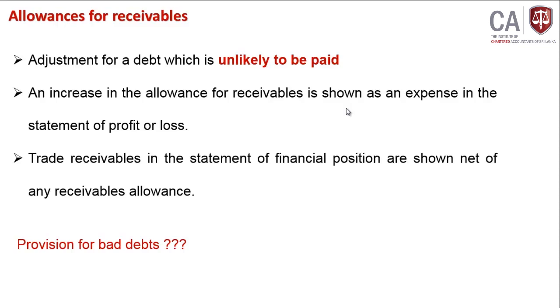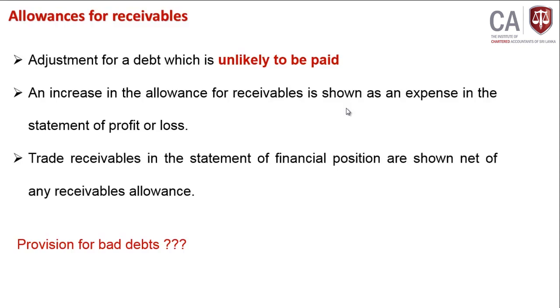Provision, according to accounting, means a liability. The provision definition is: as a result of a past event, you have a present obligation. When you settle that present obligation in future, there is a probable cash outflow, and that outflow you can measure in a reliable way. It's a present obligation as a result of a past event, and there is a settlement in future.